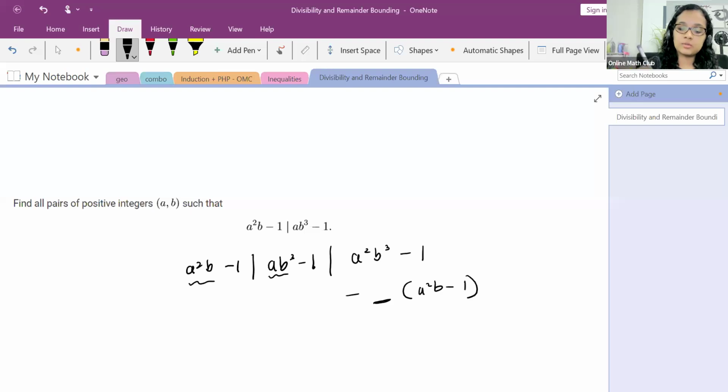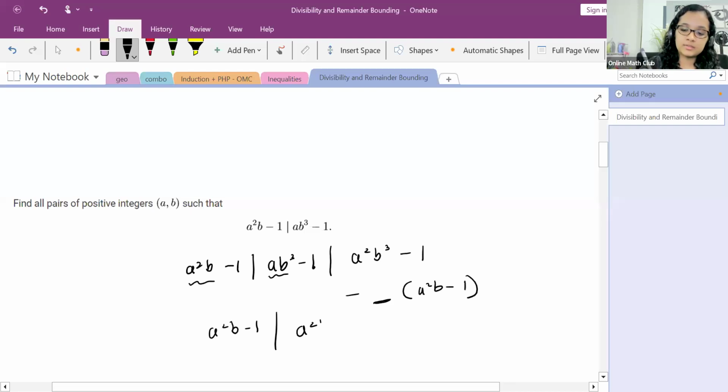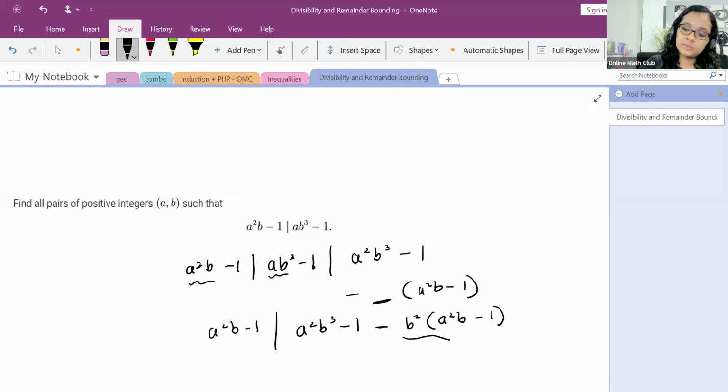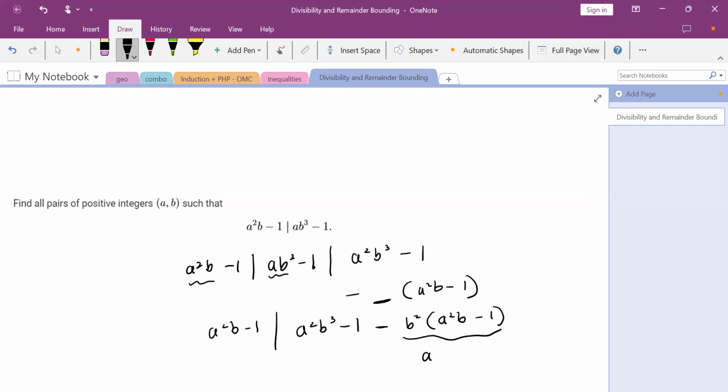You know that A squared B minus 1 will divide this minus any multiple of A squared B minus 1. So now if you multiply this by B squared, and then you subtract it, then this will be equal to, just a second, it should be A squared B cubed minus A, no?